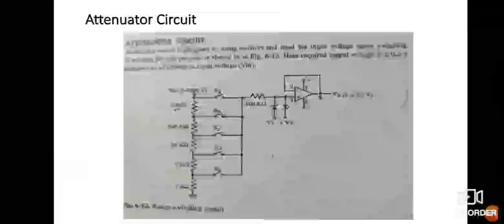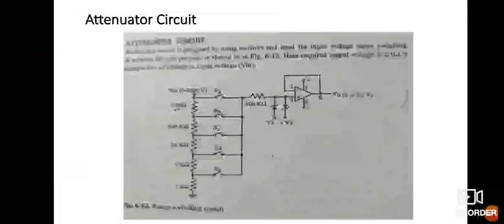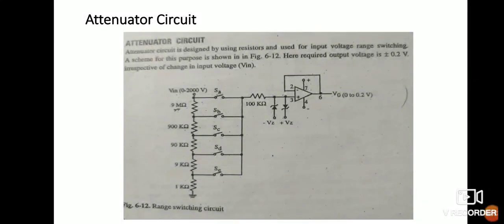If switch SA is closed, then we consider the voltage across 10 mega ohm, and that is nothing but 2000 volt. If switch SB is closed, then 900K plus 90K plus 9K plus 1K means a total of 1 mega ohm, so we consider the voltage across 1 mega ohm, that is 2000 divided by 1 mega. Like this, the voltage changes.